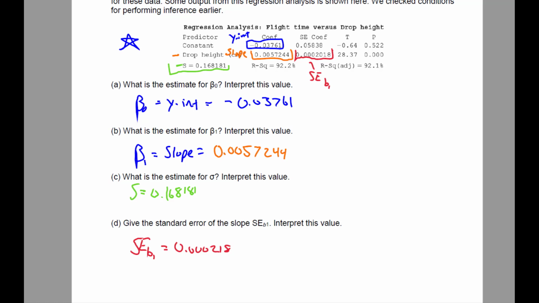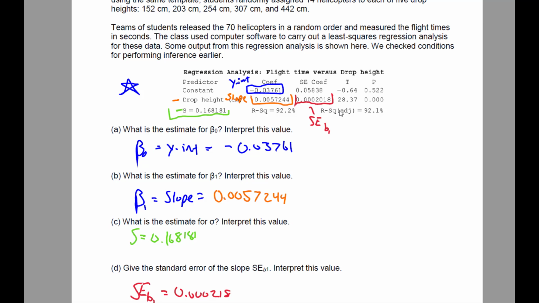So this first part of the check your understanding is just to make sure you understand how to read this table off of this computer generated data for the least squares regression analysis, okay? So again, your y-intercept is under your coefficient, the top part there with your constant. Your slope is right underneath that, in the context of the problem, in this case the drop height, under the coefficient value.